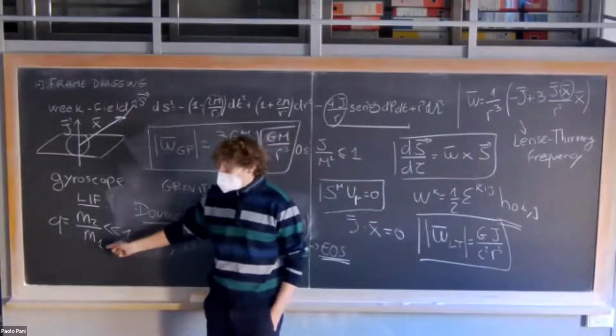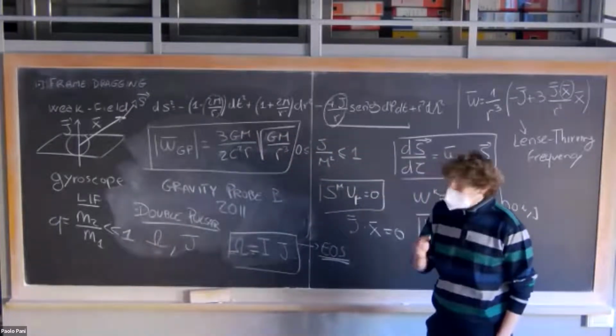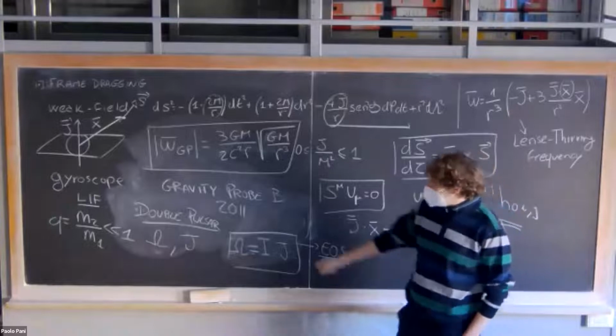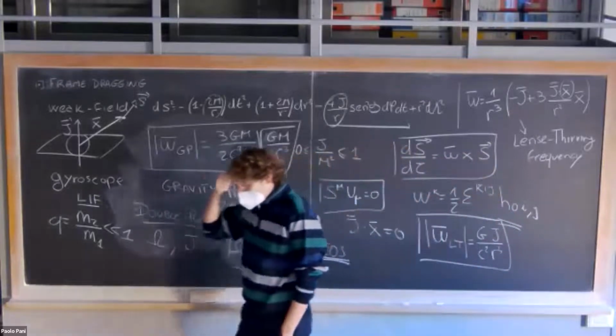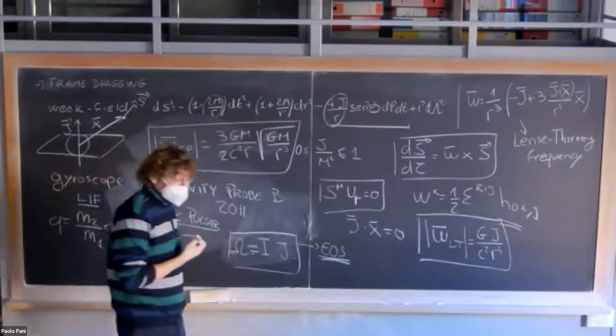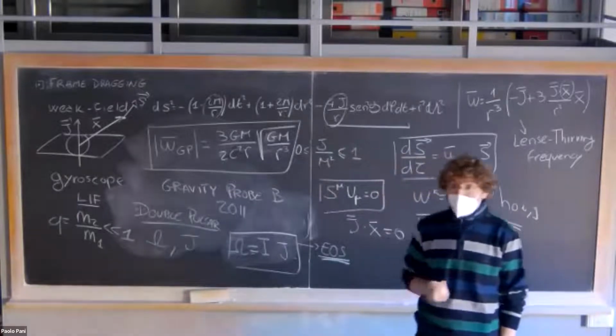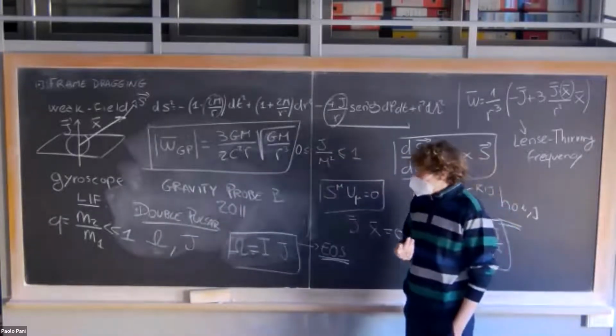so q is of order unity, plus the orbital velocity is mildly relativistic, especially for these systems here that are particularly relativistic. And what I said for point particles and geodesics does not directly apply to pulsars, at least precisely.